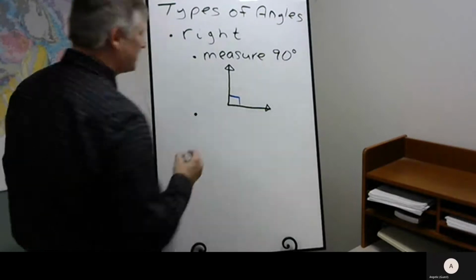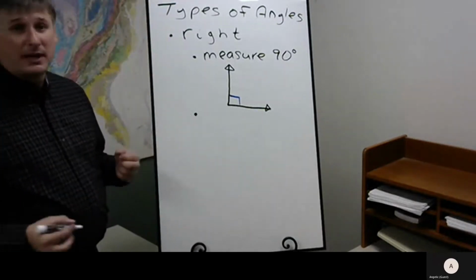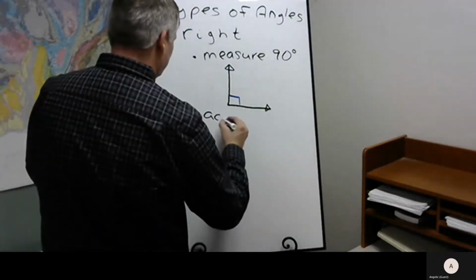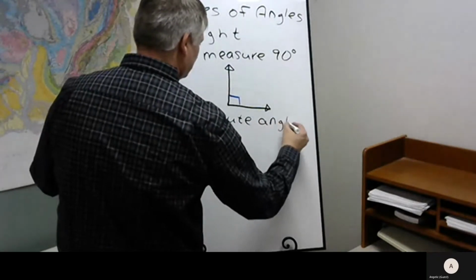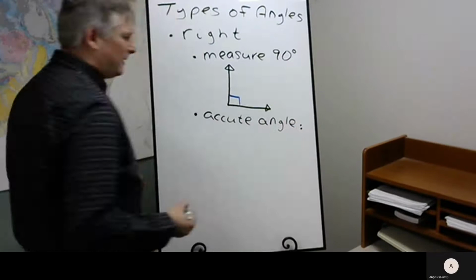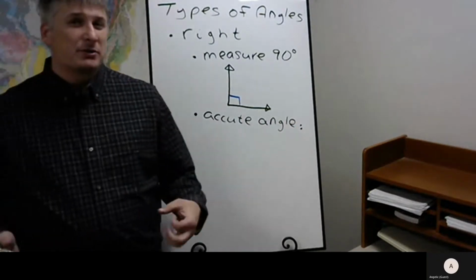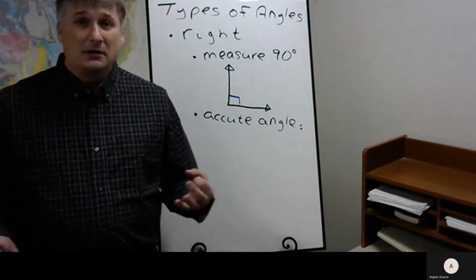So this brings up a certain kind of angle called an acute angle. Now, this is an angle with a measure between 0 and 90 degrees.